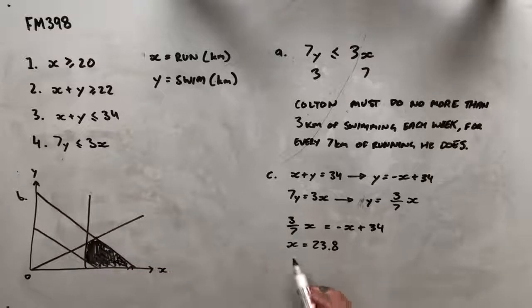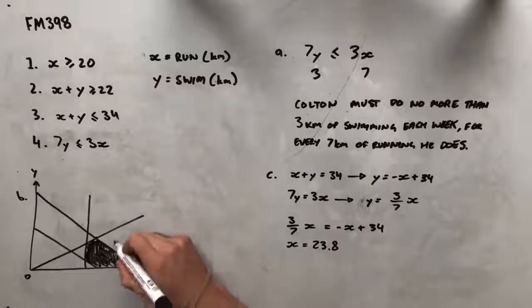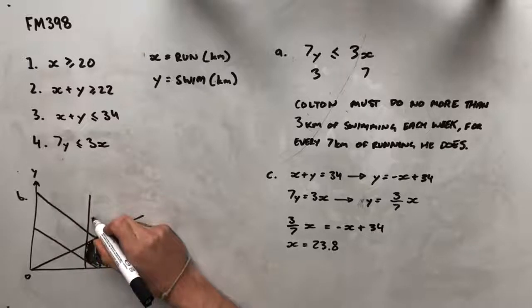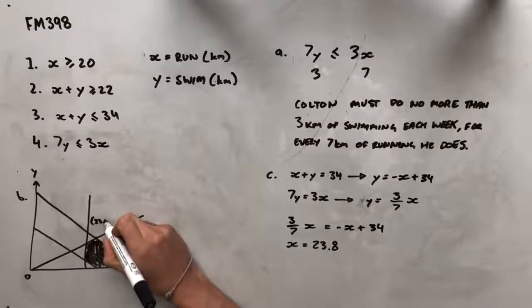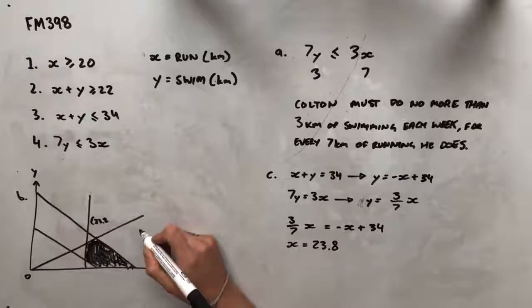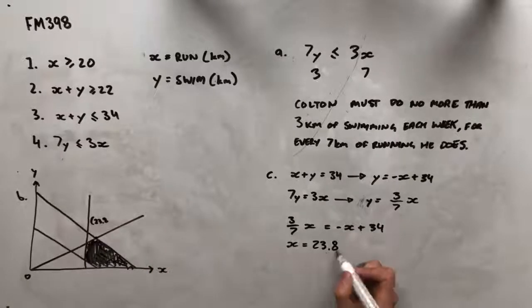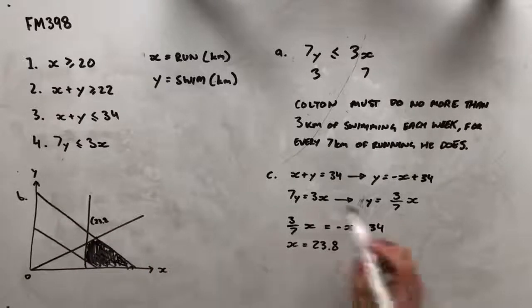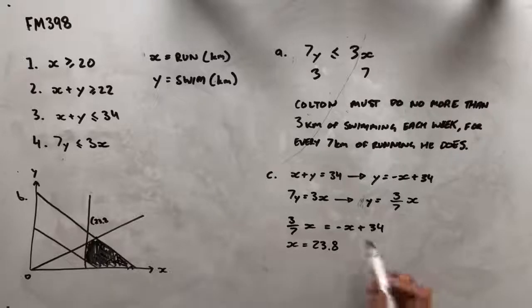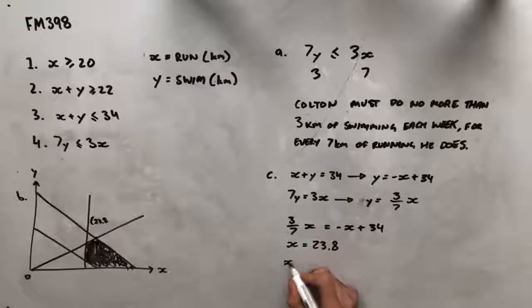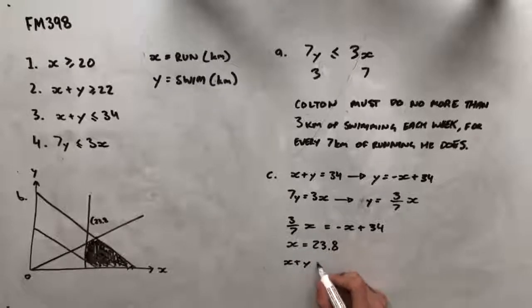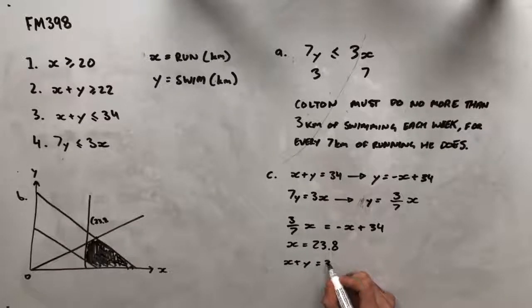So we're going to take this value, this 23.8, because it's actually the x ordinate of our coordinate here, and what we want is the y ordinate. So we're going to substitute this 23.8 back into one of our equations. I'm going to pick x plus y equals 34, just because it's a little bit simpler to follow. So x plus y equals 34.